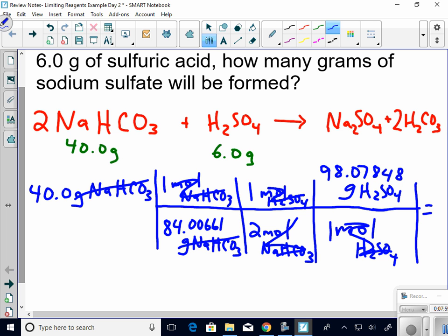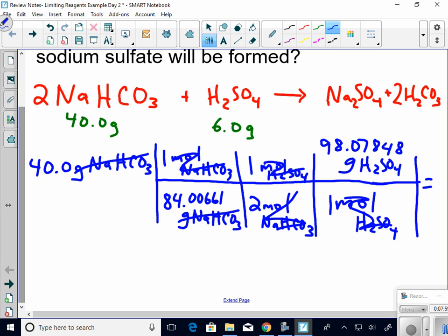I get my moles of H2SO4 to cancel. So now when I do my math, I've converted this into grams of H2SO4.